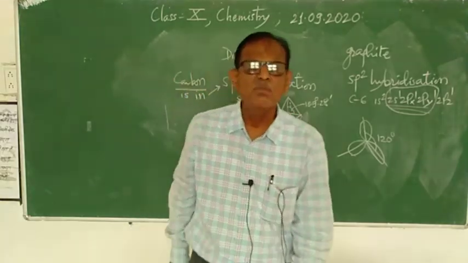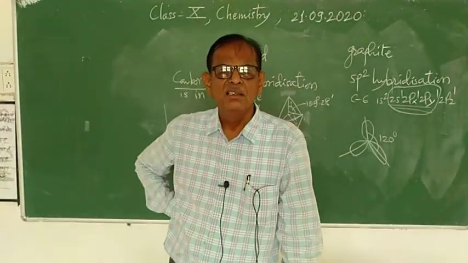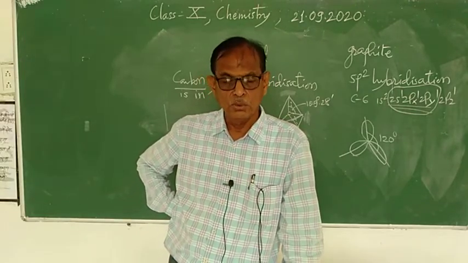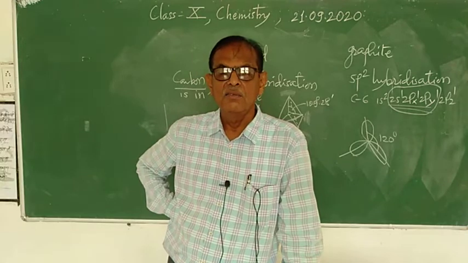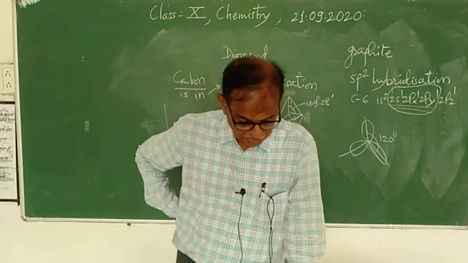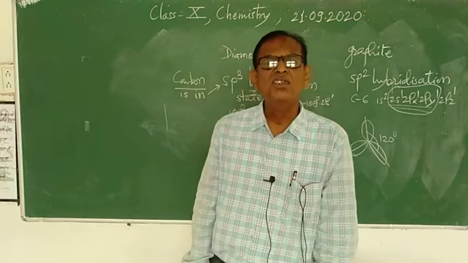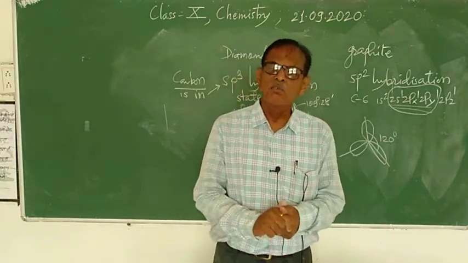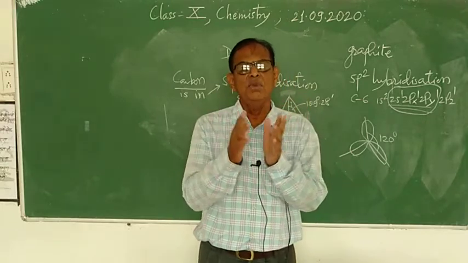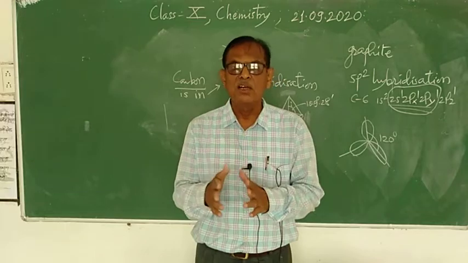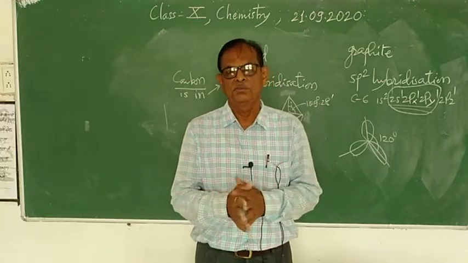And there are many compounds like fullerene, Buckminster fullerene, named after the name of the discoverer, having 60 carbon atoms in one molecule. There are many hexagonal rings and many pentagonal rings of the carbon atoms.